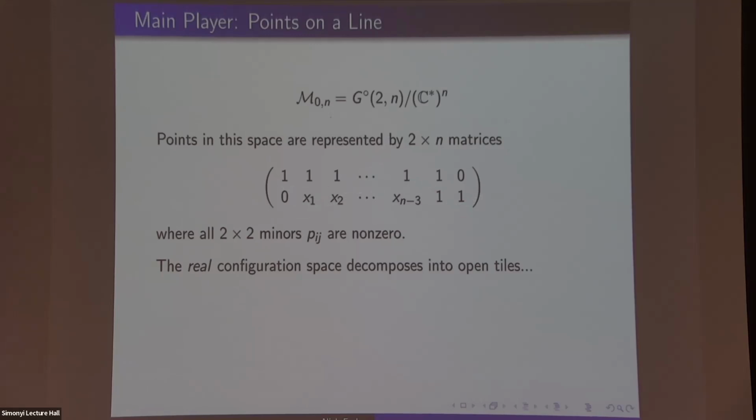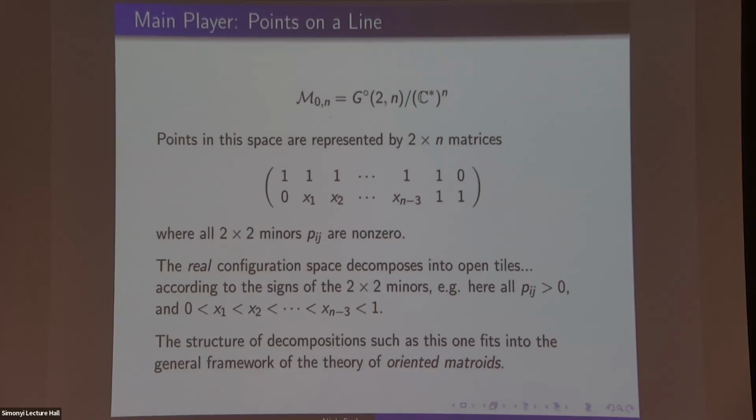And the real configuration space decomposes into tiles as follows, according to the signs of the 2 by 2 minors in this matrix. In this case, when you order the points increasingly from 1 to n minus 3, and you compute all the 2 by 2 minors, you can see that they're all positive.